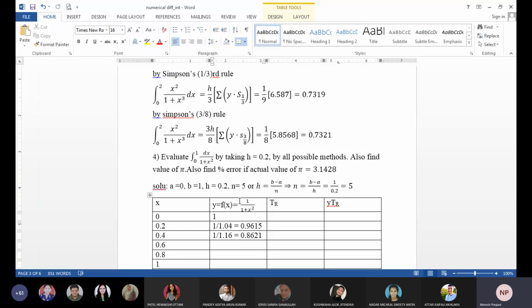So for 0.6, what will come? 1 divided by 1.36, and for 0.8, 1 divided by 1.64, which is 0.6098.